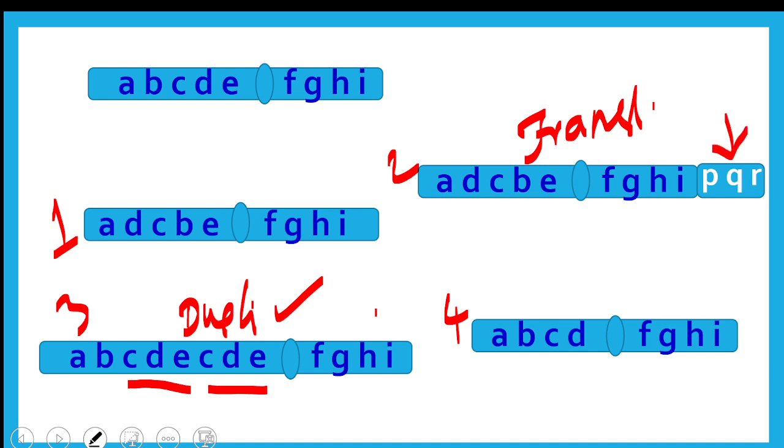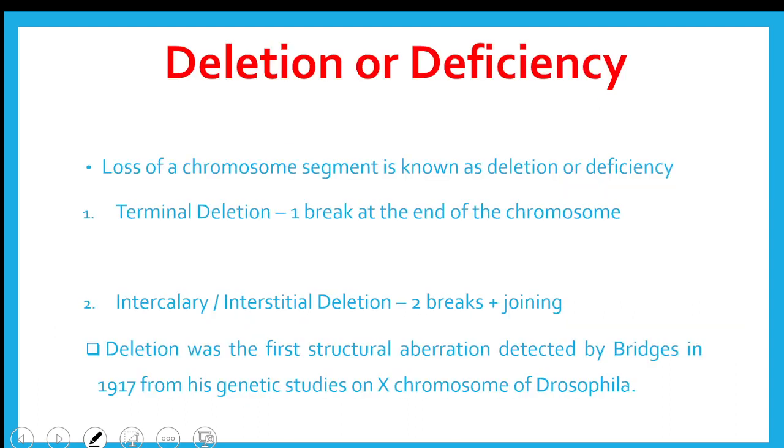This is from a non-homologous chromosome adding to this one. One is inversion. Why? Very good. Next. Here it is deletion. Very good, excellent.